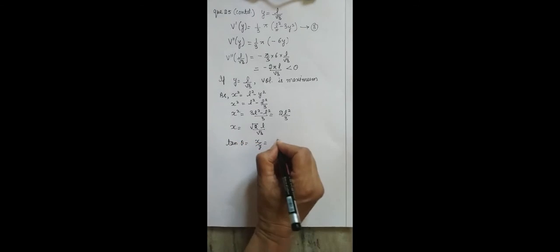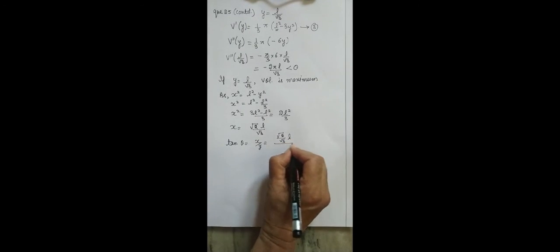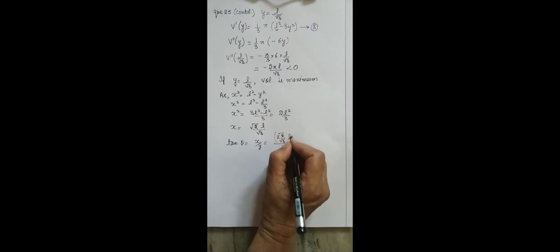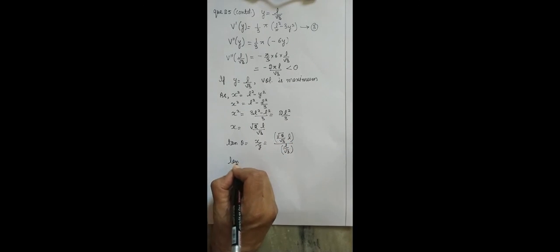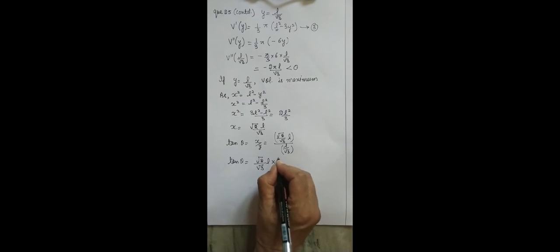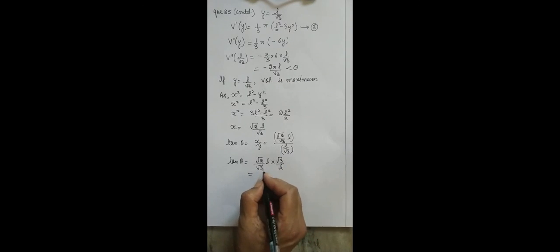So what will be my tan theta now? It is x upon y. The value of x is root 2 L upon root 3, divided by L upon root 3, which gives me tan theta equal to root 2 L upon root 3 into root 3 upon L. L divided by L is 1, root 3 by root 3 is 1.